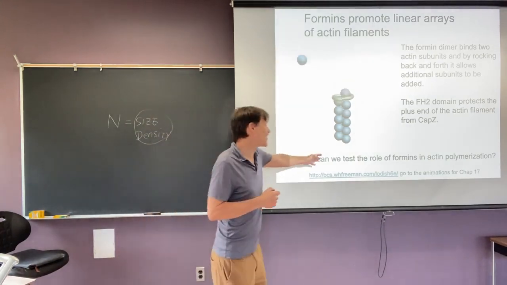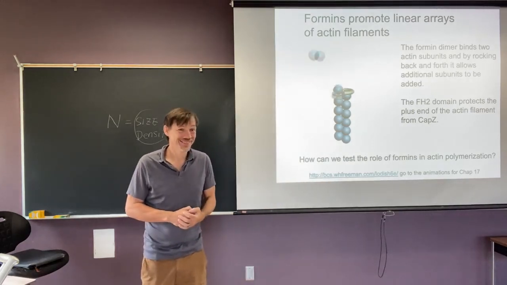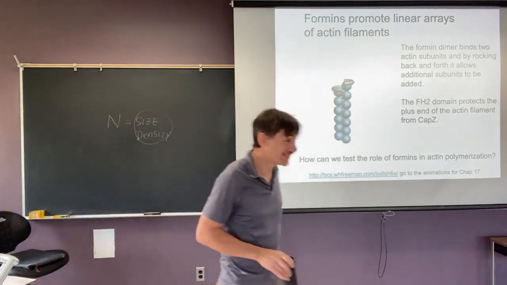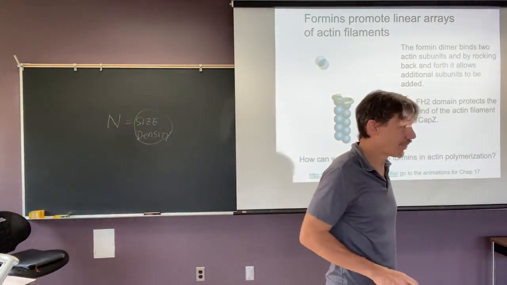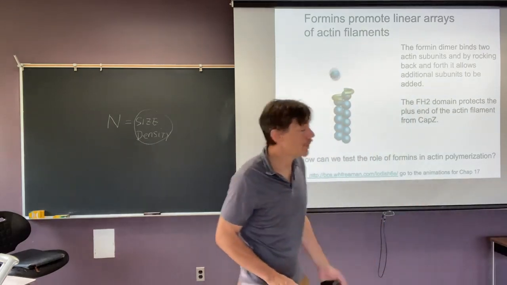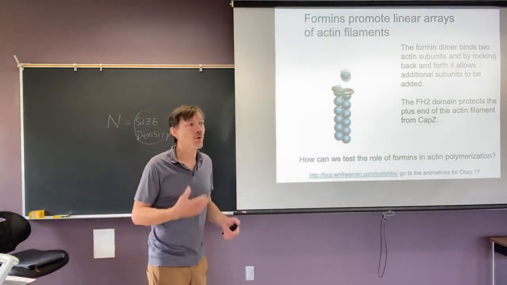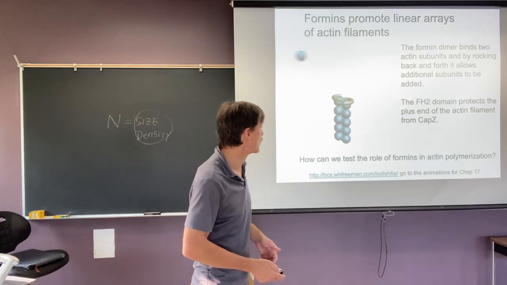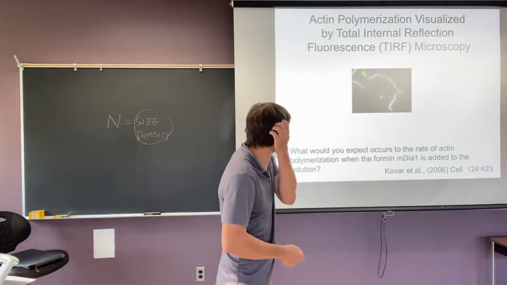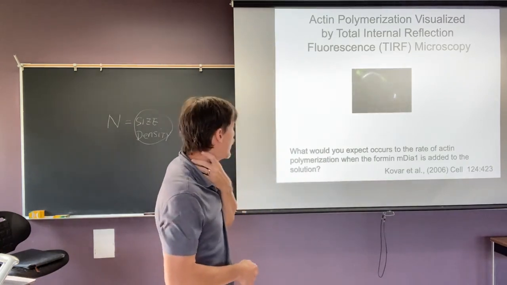How could we test the role of formins in actin polymerization? Go ahead. Do two experiments, one with extra formin and one without formin? Exactly. The heart of any experiment is you set up an assay, you've got your control, you've got your experimental group, and you do the experiment. In this case, this was the movie that I had just shown at the beginning.